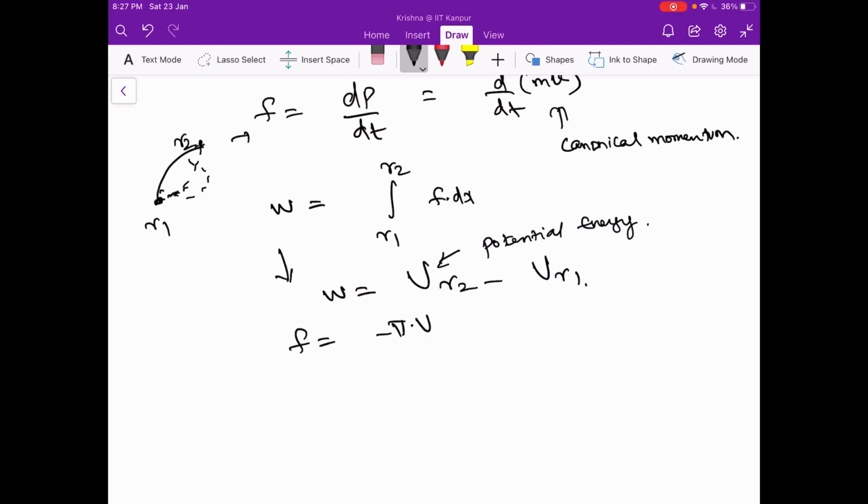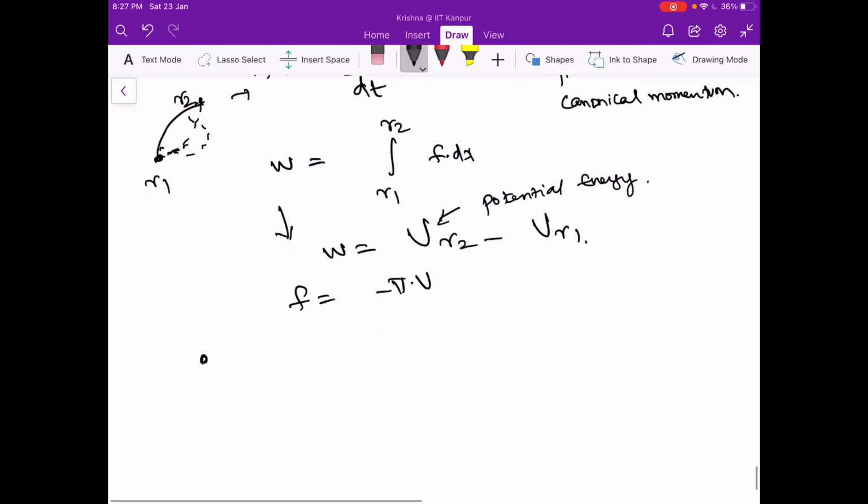Okay, and if you have a particle which is moving with a velocity v and of mass m, we know that the kinetic energy of that particle Ek is given by half mv squared.